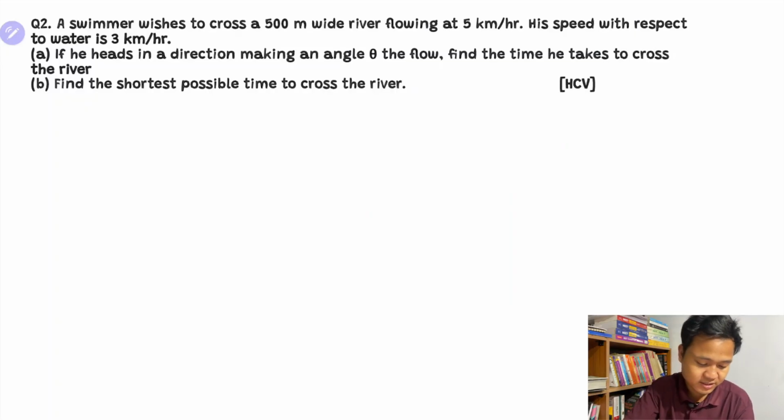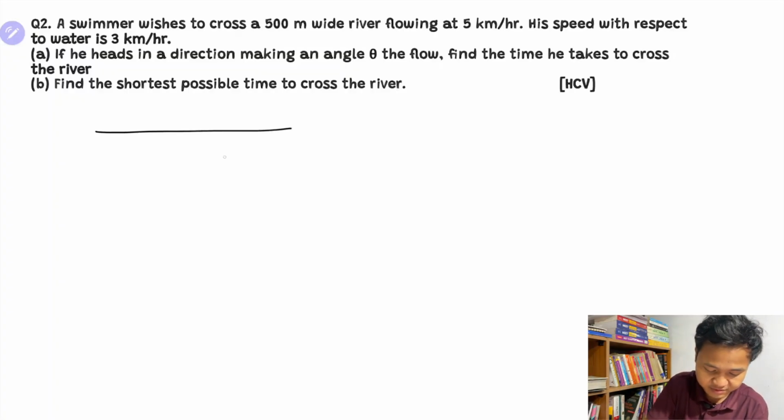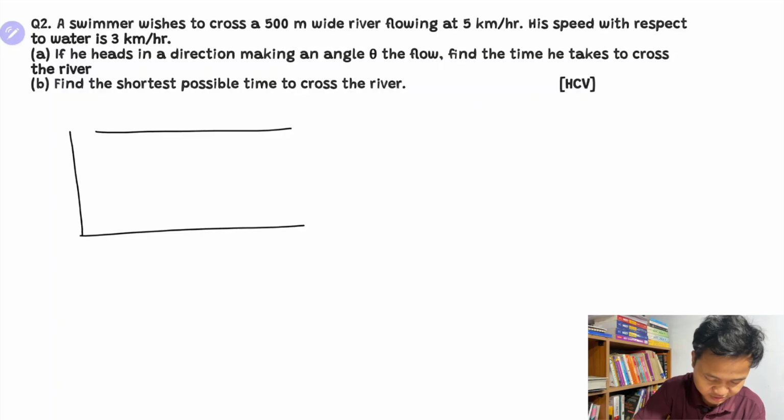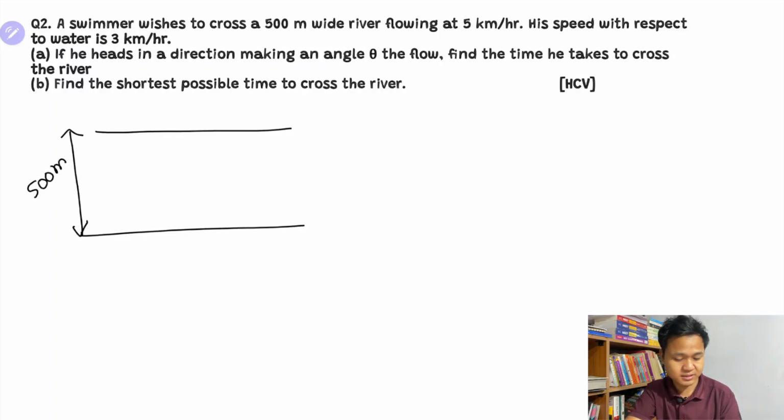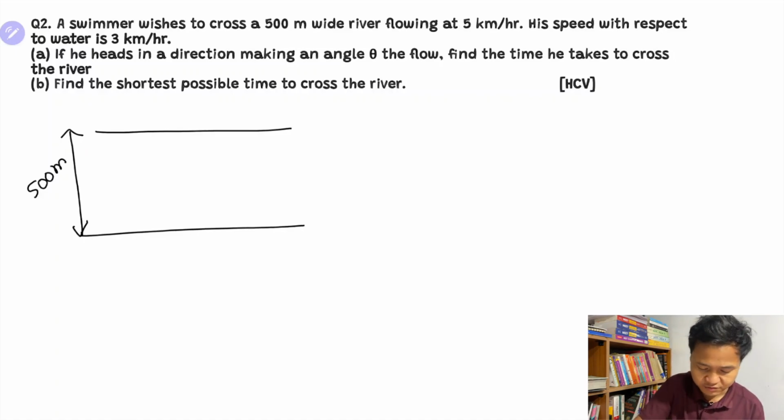Okay, next one. A swimmer wishes to cross a 500-meter wide river. You have a river, so this river is 500-meter wide. And the river is flowing at 5 kilometer per hour.